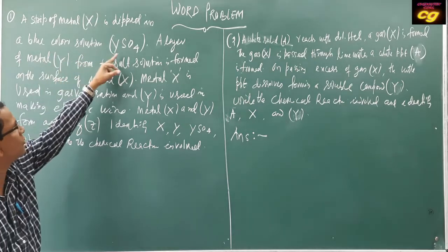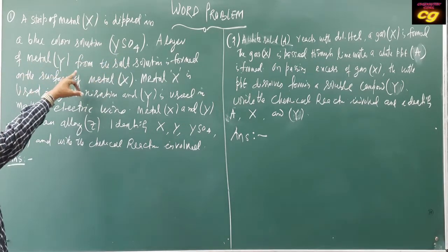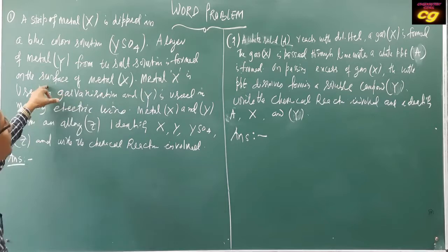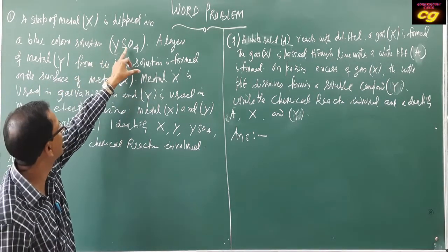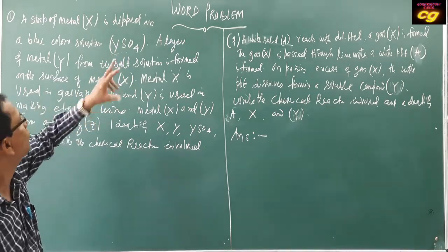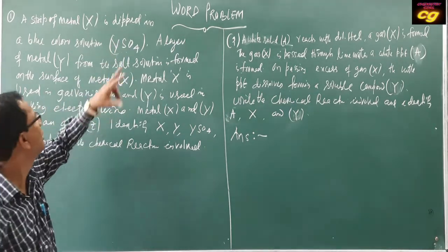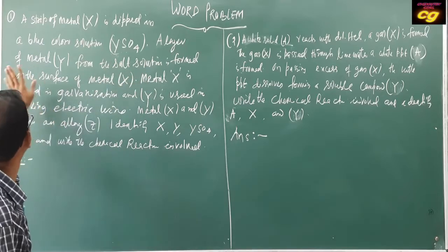Blue color means YSO4 is copper sulfate. A layer of metal Y from the salt solution is formed. That means it is a displacement reaction. Y from YSO4, when X is added, Y is formed. That means X is more reactive than Y, as per the question.